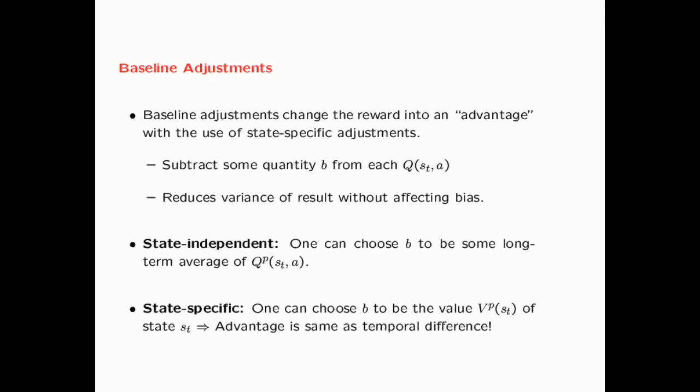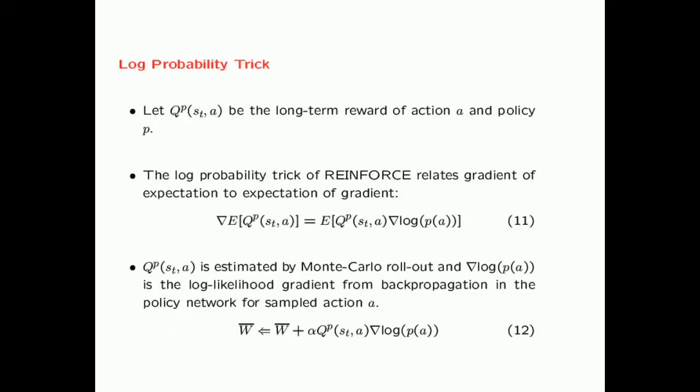Now, what I presented was the simplest form of the updates. Usually this weighting, you see that here in equation 12, I use the weighting as Q_pi(s,t,a). Very often one does not directly use the long-term reward. One actually adjusts it with a baseline. You can think of adjusting with a baseline almost like mean centering the reward.